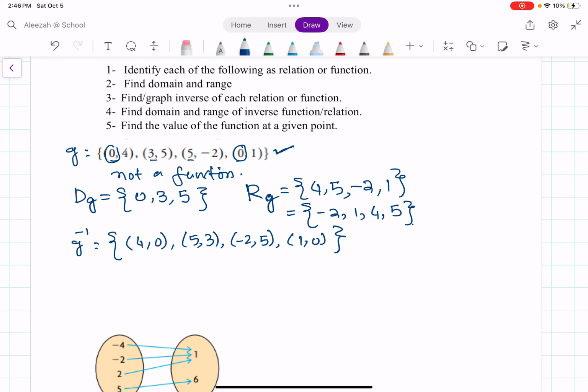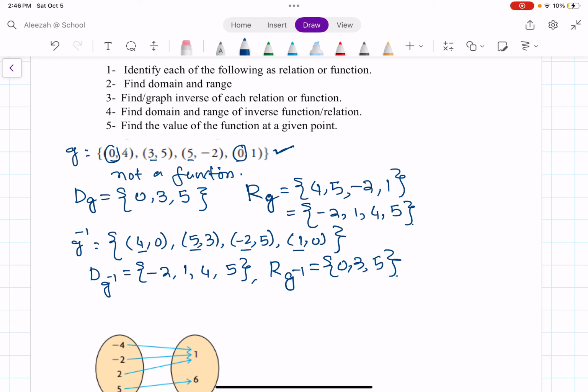Here if you just look at the x values of each ordered pair, they're all different, so it means it is a function. The domain of G inverse will be the same as the range of G, so that is -2, 1, 4, 5. And the range of G inverse will be 0, 3, 5.